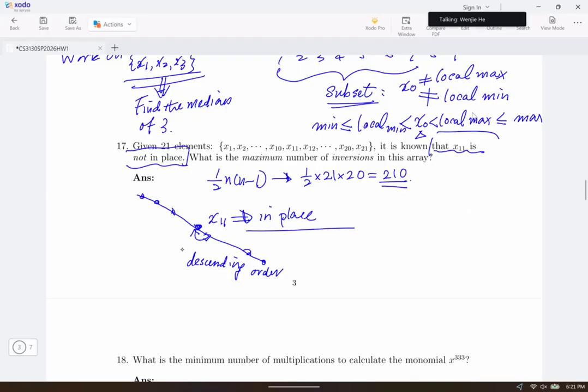It must be an adjacent swap. We cannot go too far. If you go farther than the adjacent element location, then you will change more inversions. You will get more inversions, right? So one adjacent swap, because it only causes one inversion reduction.